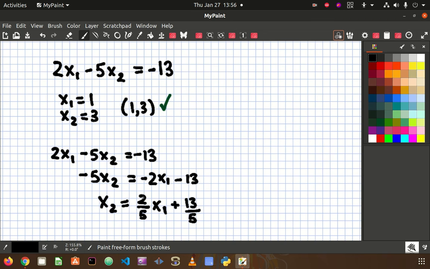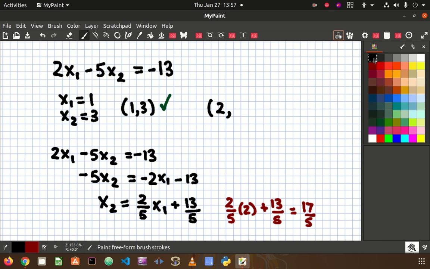So now, if I choose any real number I want, for example, let me choose the number 2 for x1. All I have to do is substitute 2 into here. And so this becomes 2/5 times the number 2 plus 13/5. 2/5 times 2 is 4/5, and 4/5 plus 13/5 is 17/5.